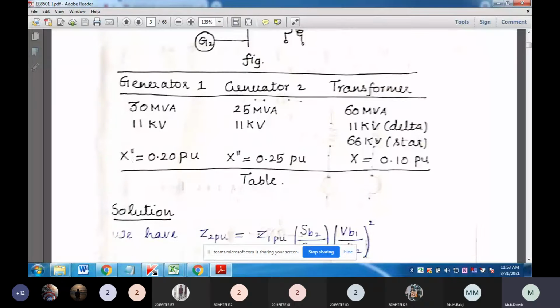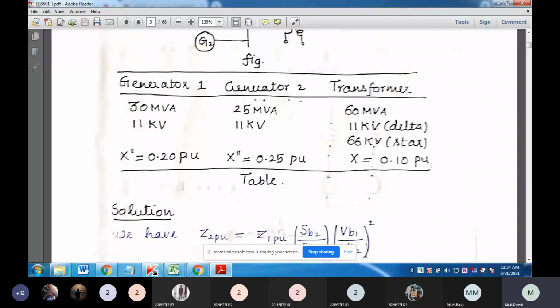X double dash for generator 1 is 0.20 per unit, and X double dash for generator 2 is 0.25 per unit. For the transformer, X equals 0.10 per unit. So these are all the information given in the problem.